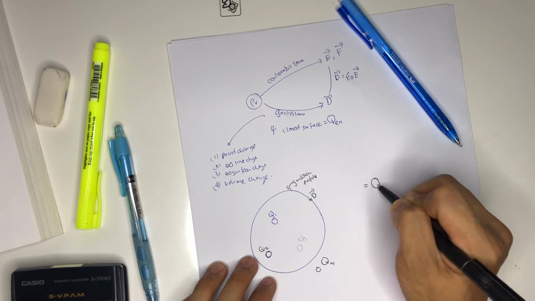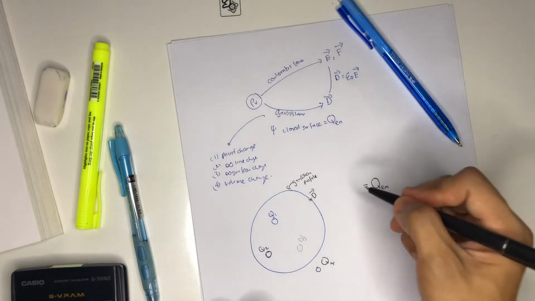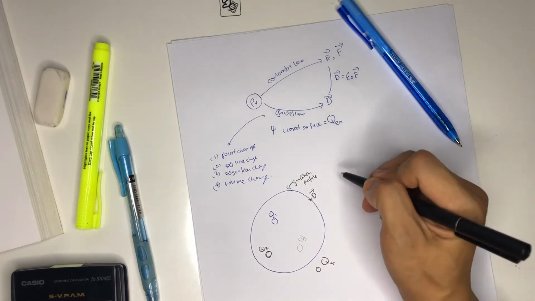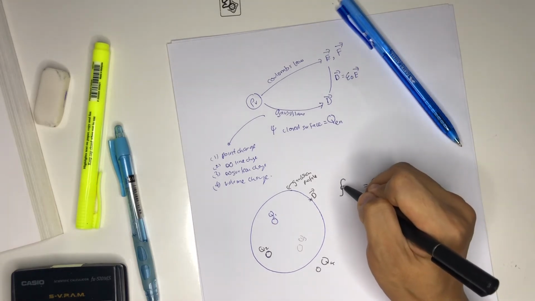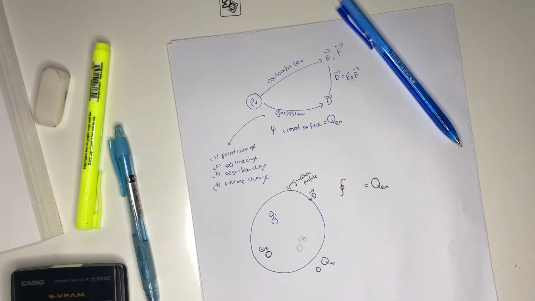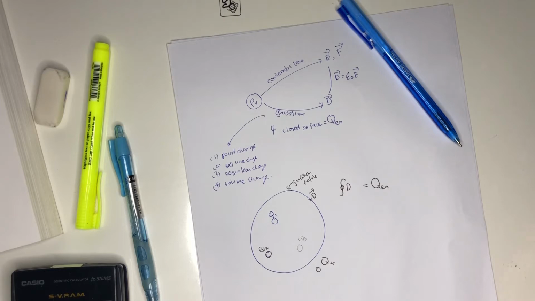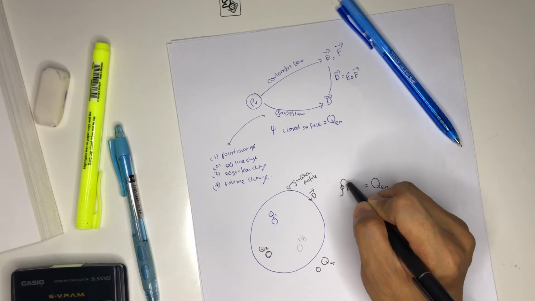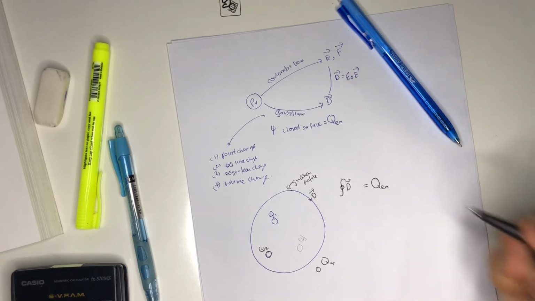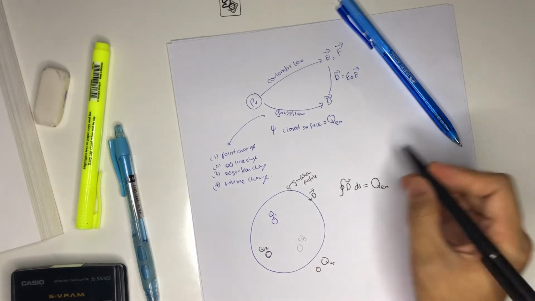So here is your total charge in the enclosed surface. You have a spherical, closed surface, and remember this is a scalar quantity, so the vector D and your differential surface, for example you want to take it here.